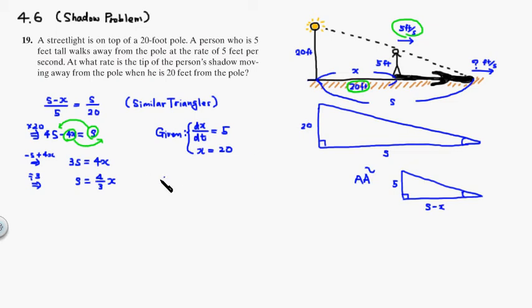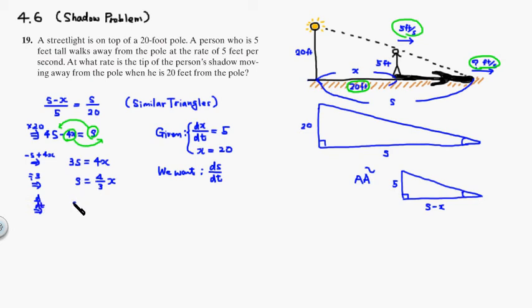Then what we want is this guy. We want to know how fast the tip of the shadow is moving. That's the rate of change of the distance s. So we're looking for ds over dt. We can easily find that. We have an equation here, so we can just take the derivative with respect to t.